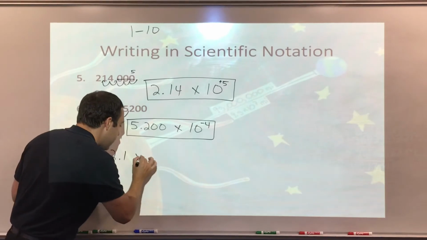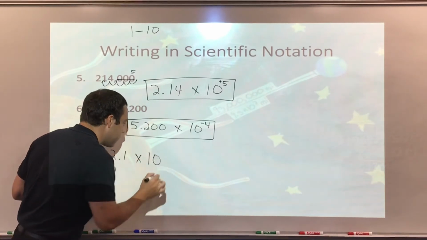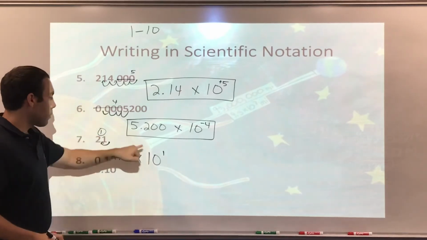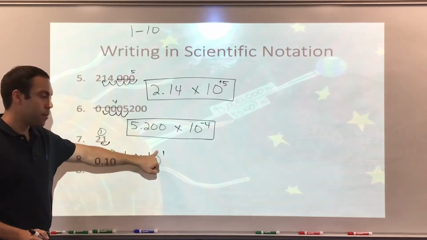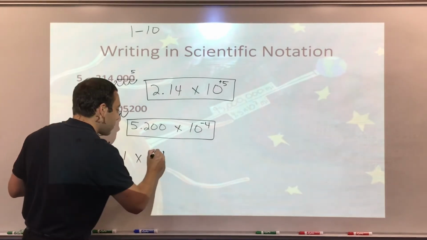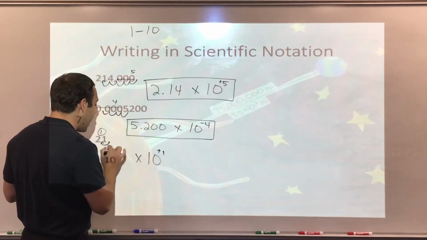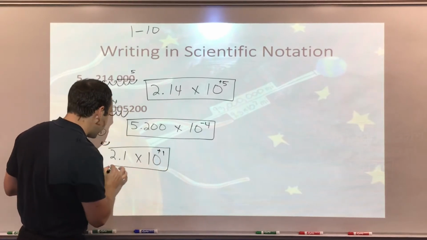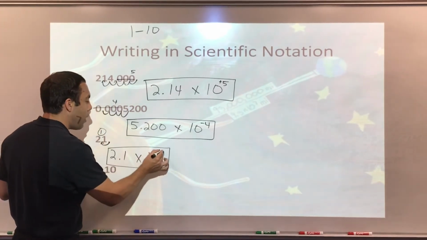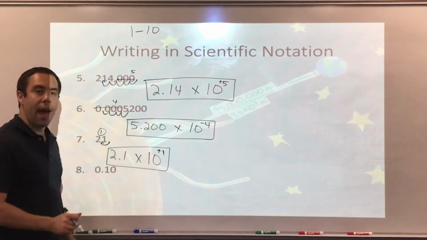Step 3, times 10. Step 4, raise to the first power. And since we moved the decimal point over to the left, it's a positive 1. So our final answer is 2.1 times 10 to the positive first power.